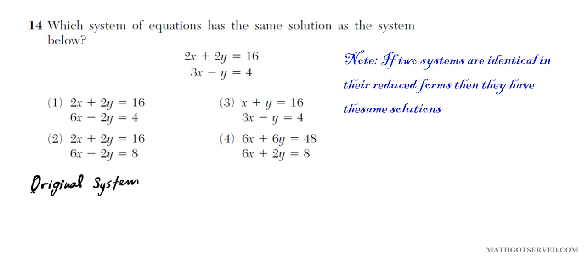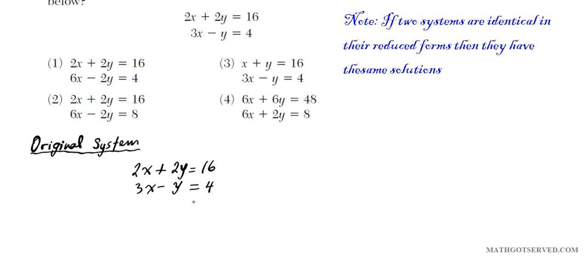For the original system, we have 2x plus 2y is equal to 16, and 3x minus y is equal to 4. Now for this original system, I'm going to try and see if I can reduce it to its reduced form. Now what am I talking about? Can I divide the entire equation by a greatest common factor? Take a look at the first equation in this system.